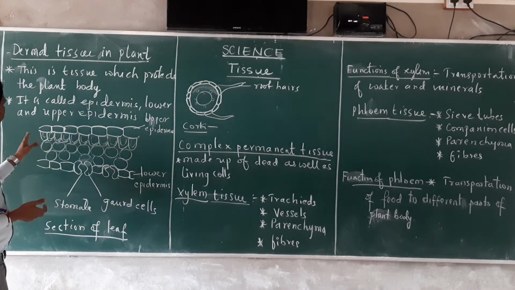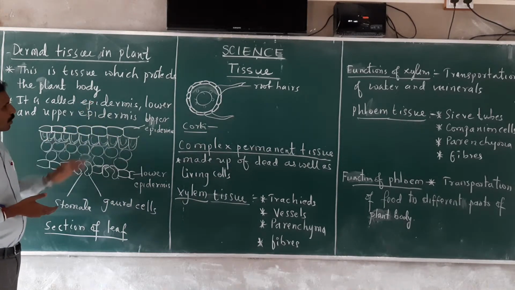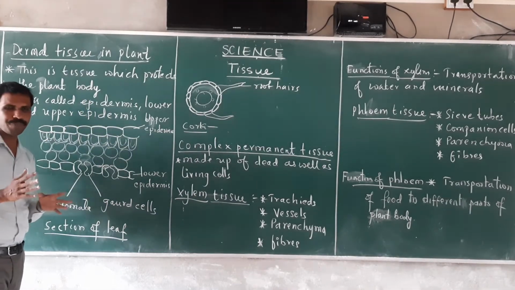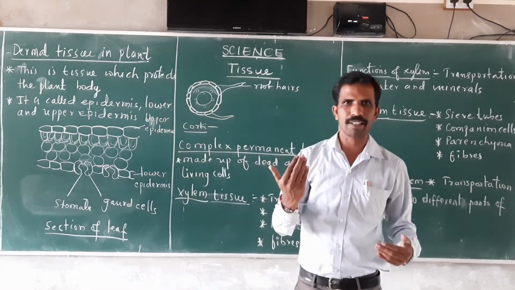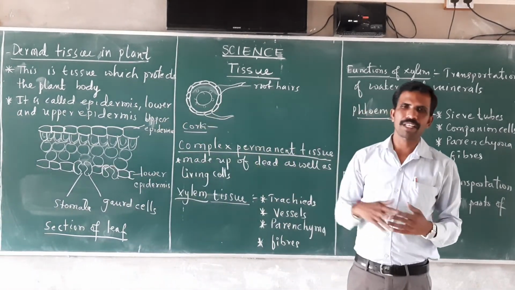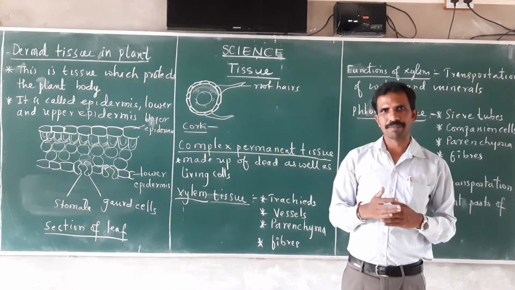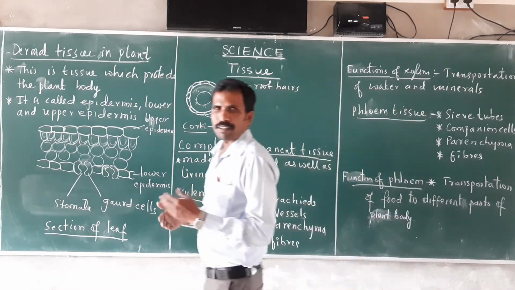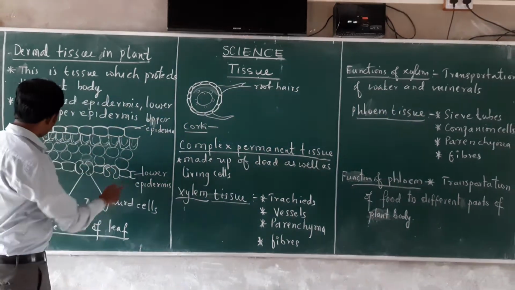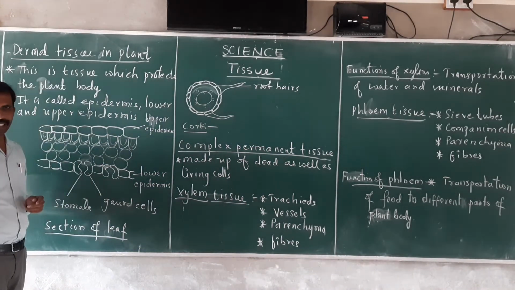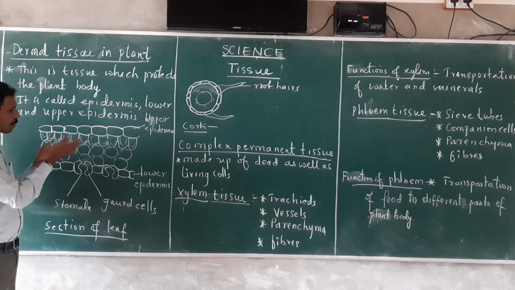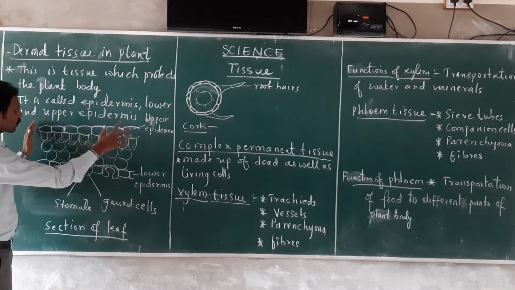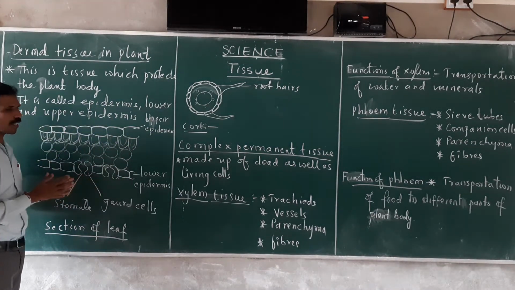See here. So actually the leaf or any stem will have a covering. A branch will have a covering. If you take leaves, they will have a covering. If you take a small section of the leaf and see it in the microscope, the cells present in the leaf can be seen like this.